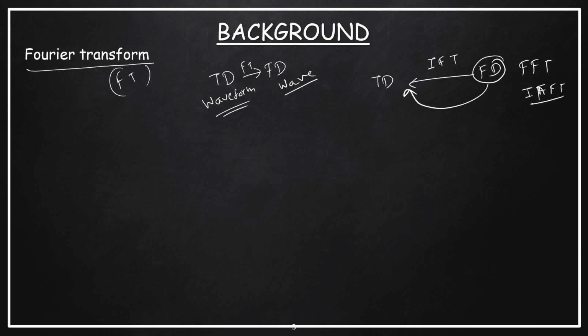They do the same, but these methods are faster than the regular Fourier transform. So if I'm mentioning Fourier transform, that means I'm mentioning the fast Fourier transform. But for now, forget about the fast Fourier transform or the inverse fast Fourier transform. Let's consider that I'm talking about the Fourier transform.